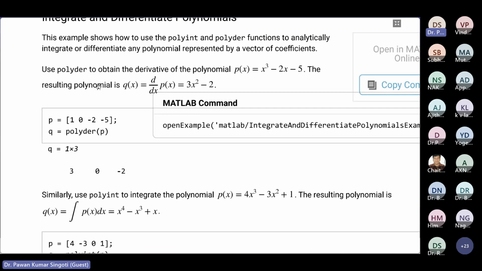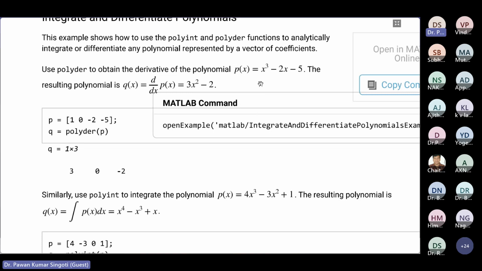The resulting derivative, dy by dx with respect to px, will be 3x square minus 2.